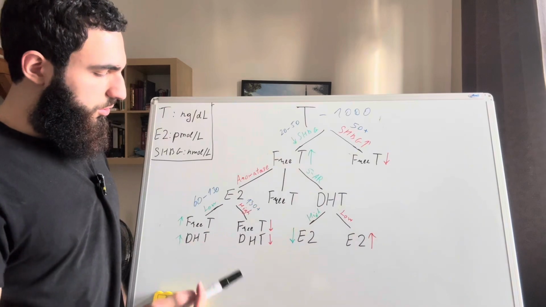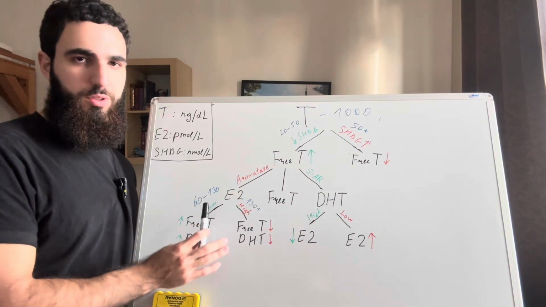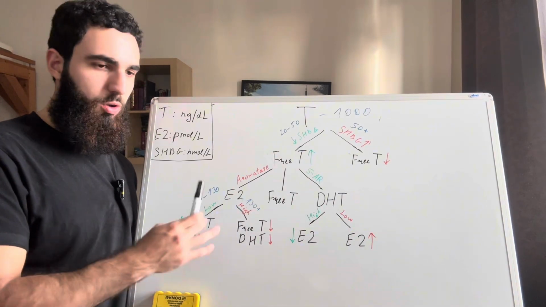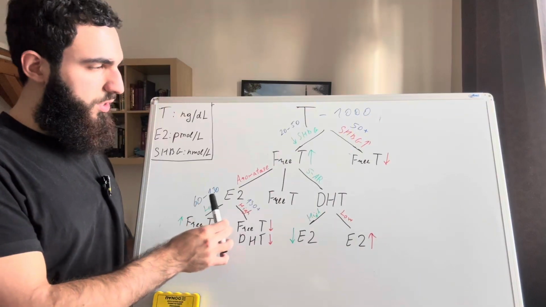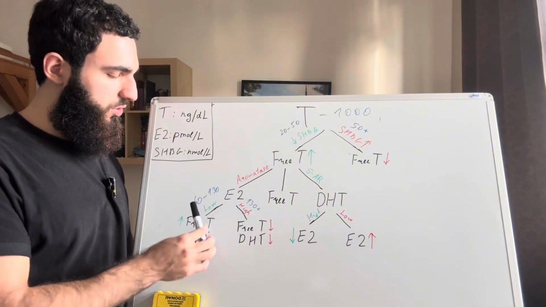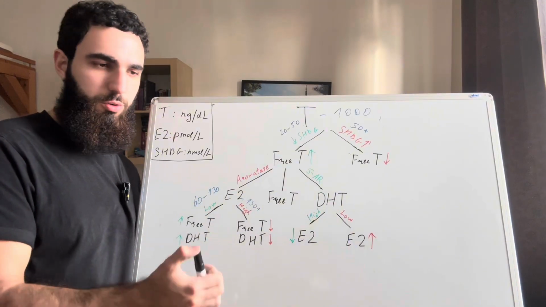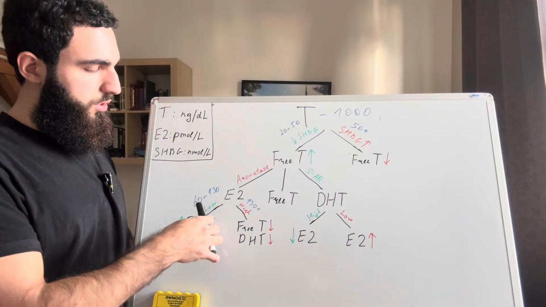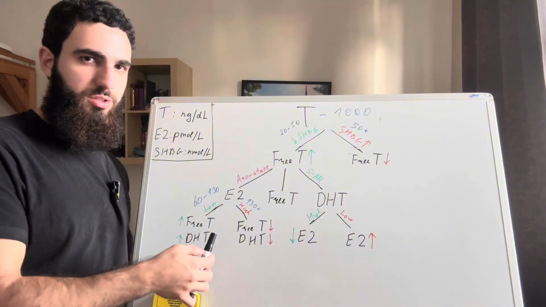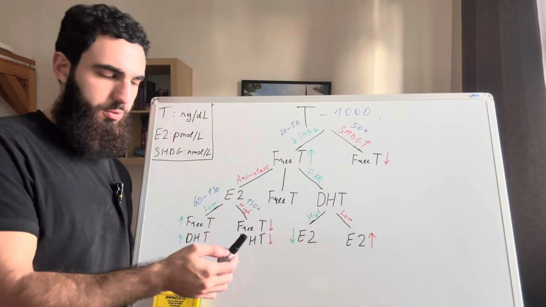So what is considered low or high? I gave, again, an approximate reference range here. It's not always the case, and it also depends on your testosterone levels. So for example, if you have 350 free testosterone and your E2 is 130, 120, it can actually be normal.